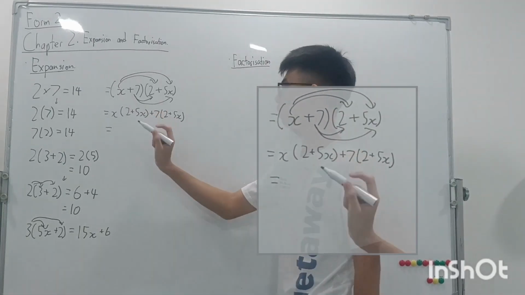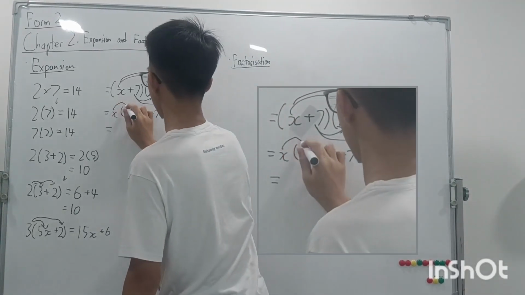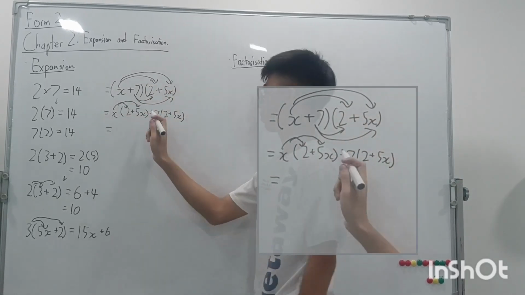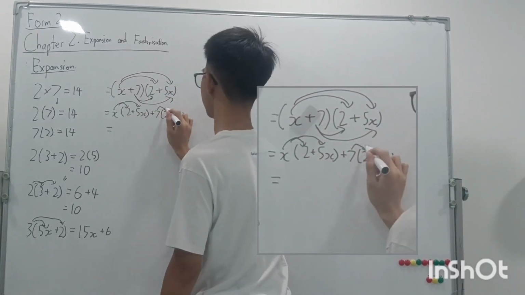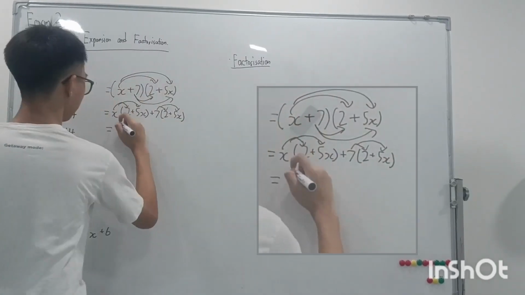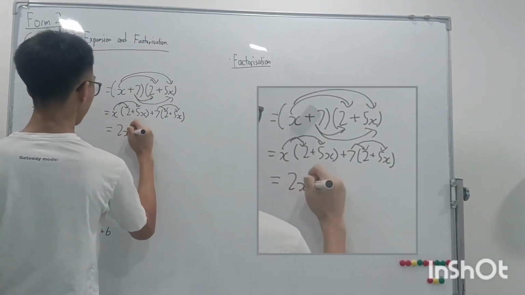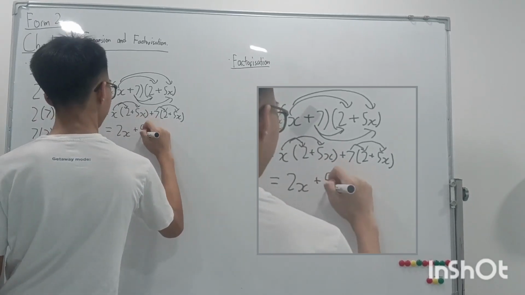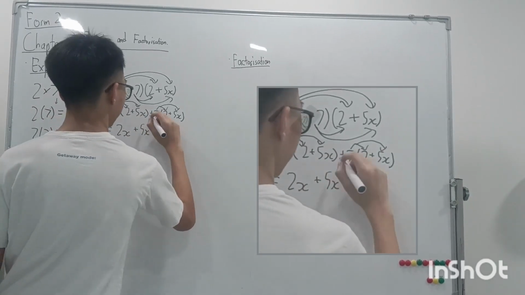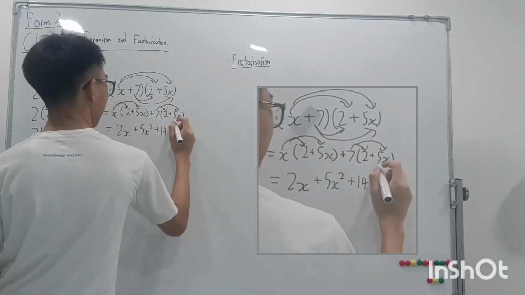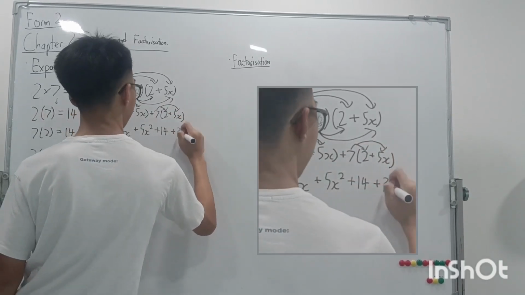And so let's simplify this. x times 2 and x times 5x, 7 times 2, 7 times 5x. So 2 times x will be 2x, 5x times x will be 5x squared, 7 times 2 will be 14, and 7 times 5x will be 35x.